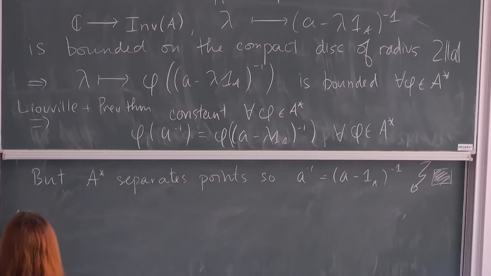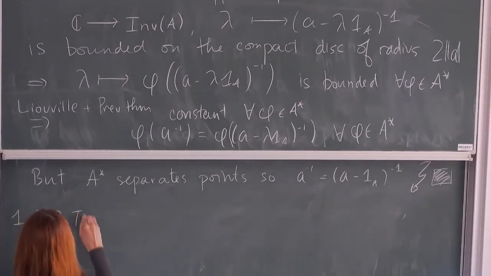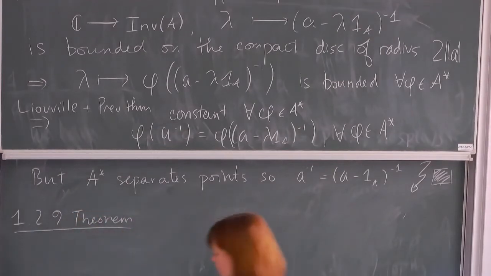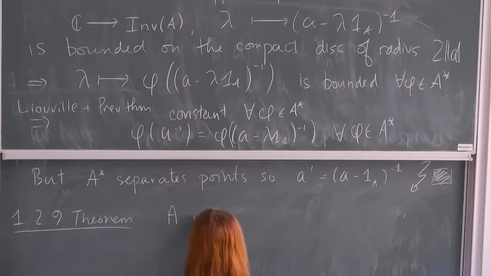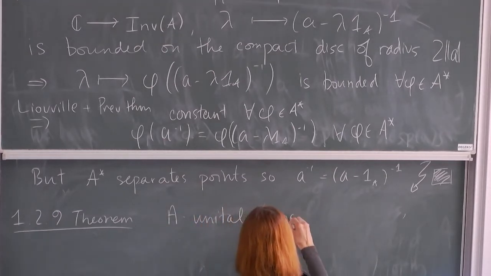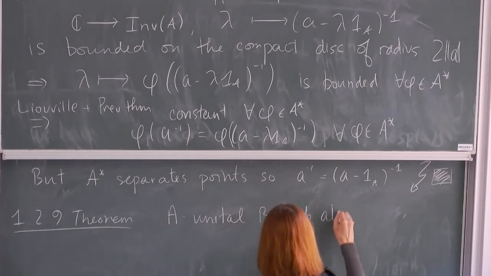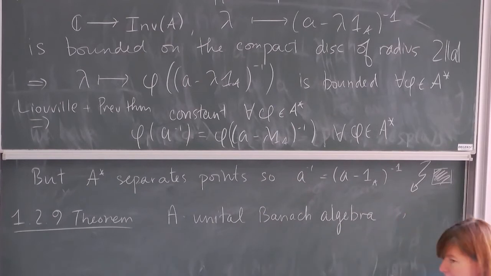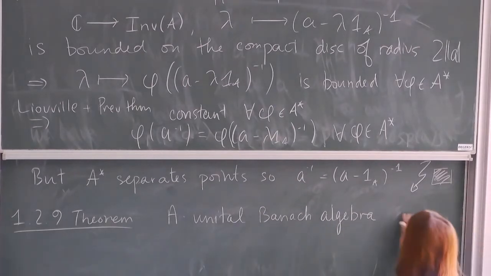Okay, so then we have this nice little result that comes from this fact. Suppose we have a unital Banach algebra A, and every non-zero element of A is invertible.